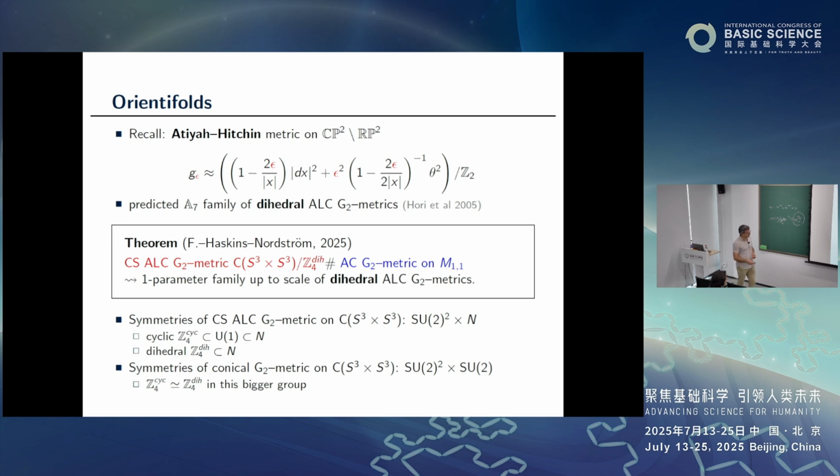So this means that even if you started with two different groups, you only see the difference from infinity. When you're down here, the two groups are the same, so you can still use this M11 to desingularize.